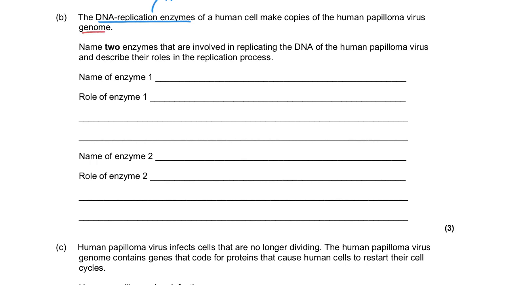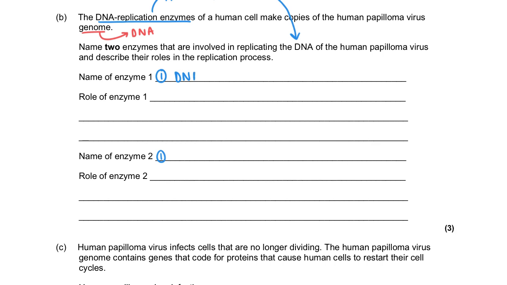We know from the stem on the previous page that this is already DNA. So we're going to have to name 2 enzymes that are involved in replicating the DNA. Oh, we've already done that. Lovely. And describe their roles in the replication process. So let's have a look at this first mark already. I'm going to put number 1 here because these 2 go together. You had to mention both of them to get these marks.